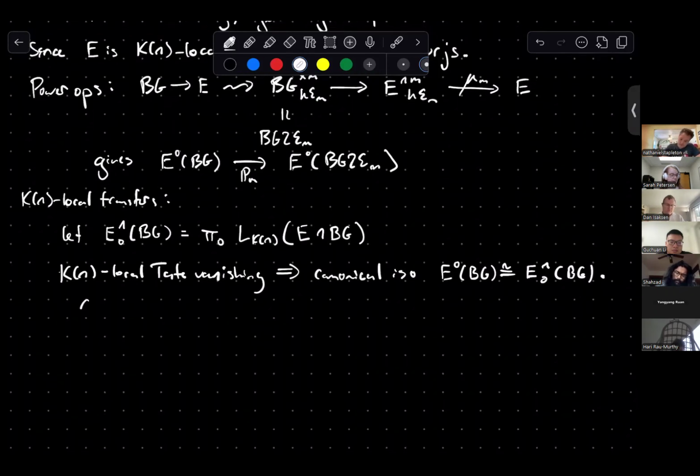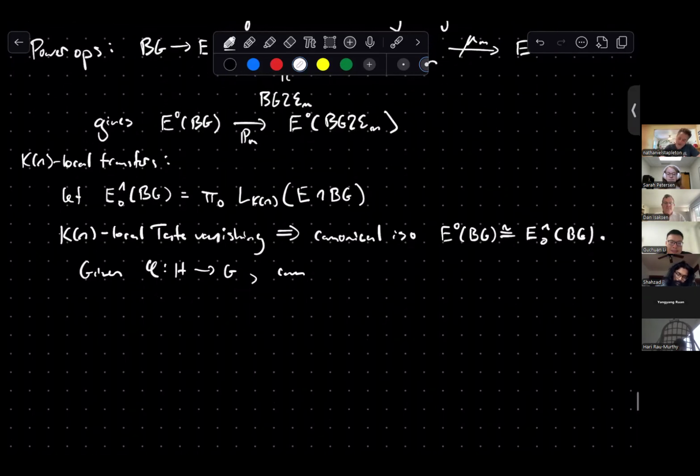And it tells us that if we've been given some map of finite groups, phi from H to G, that's not necessarily injective, well, what can I do? Well, I can define the transfer along phi to be, well, I start with the E cohomology of BH, but then I'm going to apply this canonical isomorphism to get over to the E homology of BH.